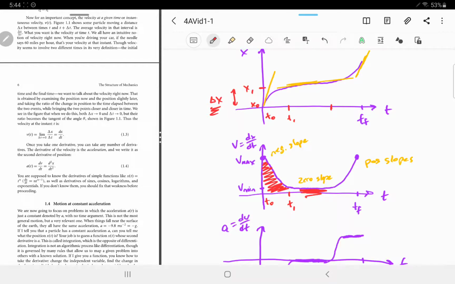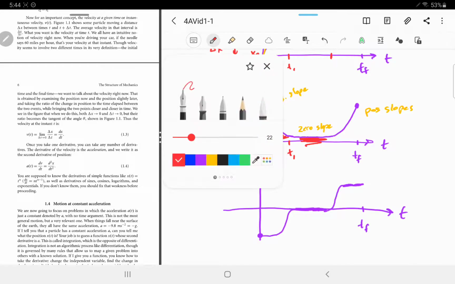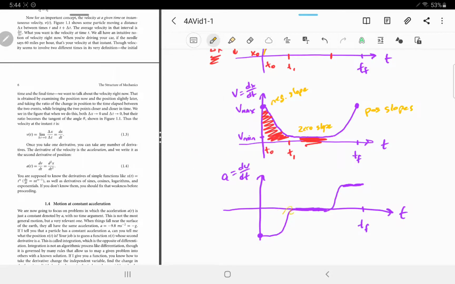Okay. And then a similar relationship holds for the area underneath a of t. I don't want to mess this up too much in this diagram. So this area is related to delta v. And in this case, it's negative because this area is underneath. So if you integrate from left to right, you actually get a negative value for the integral of a dt.